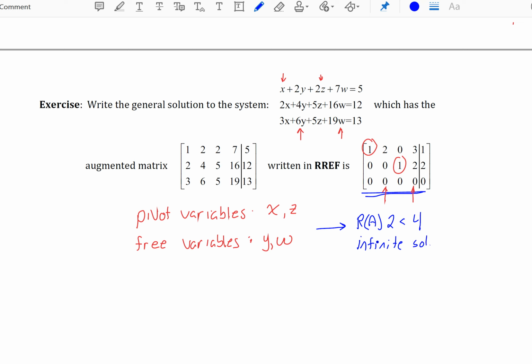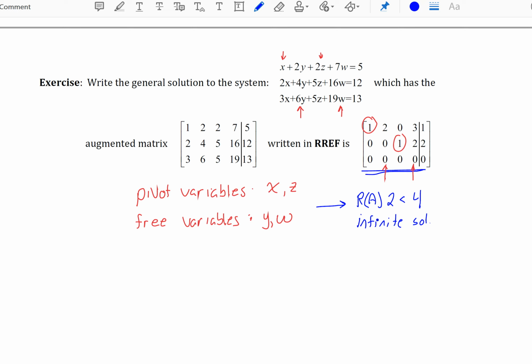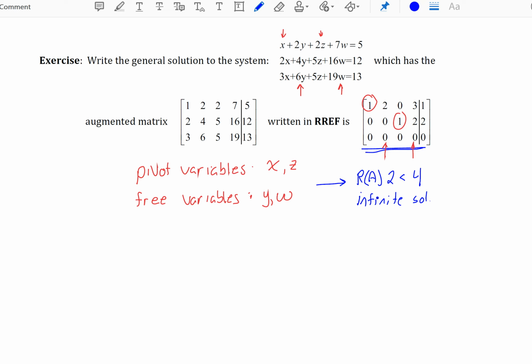To find our infinite number of solutions, let's rewrite our matrix equation as a system of equations. I would read this as x plus 2y plus 3z equals 1. Now typically our second variable would be y, so I'm going to put a placeholder for y here that says y is free. Our next pivot was z.